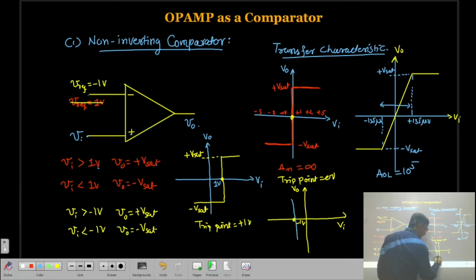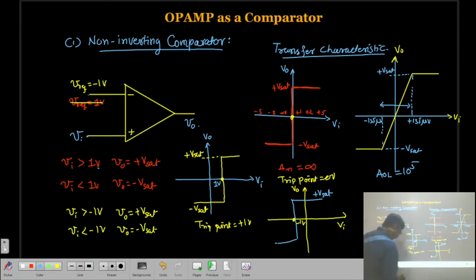At the trip point there is a transition from high to low level, and if the input voltage is greater than minus 1, then we have plus V saturation. Here if it is less than, then you have minus V saturation. Correct? This is the minus V saturation.